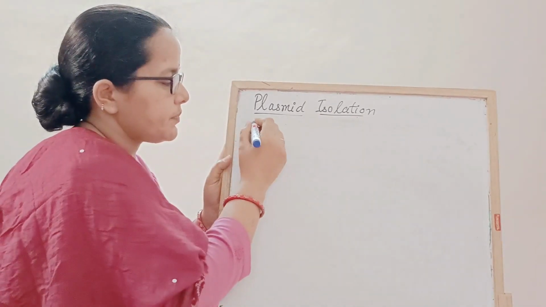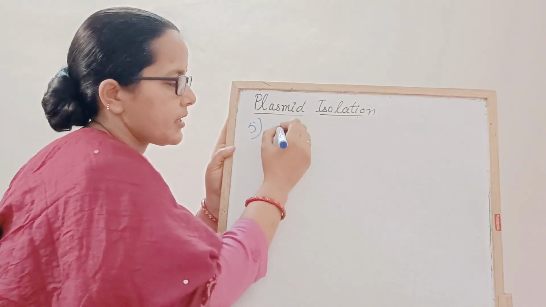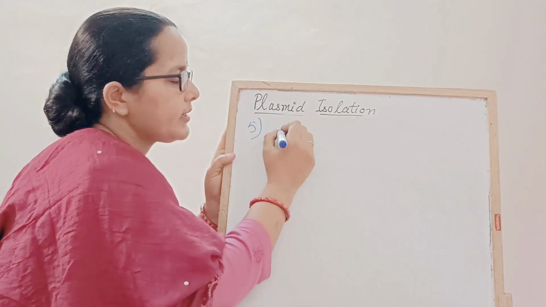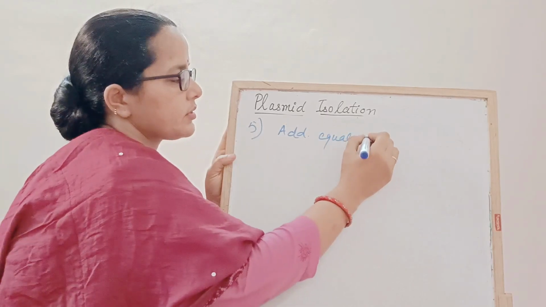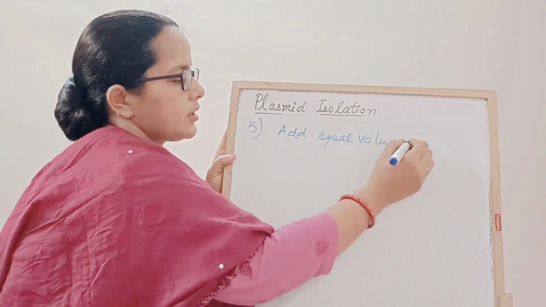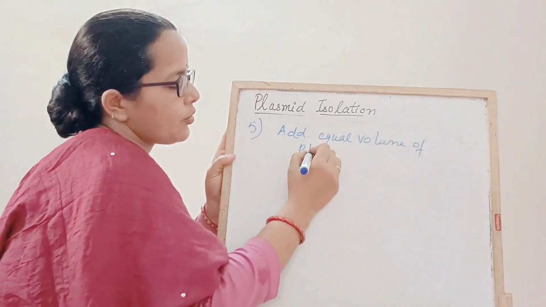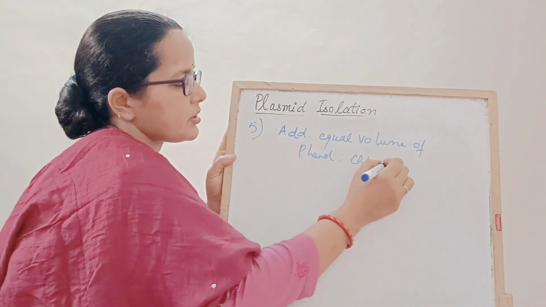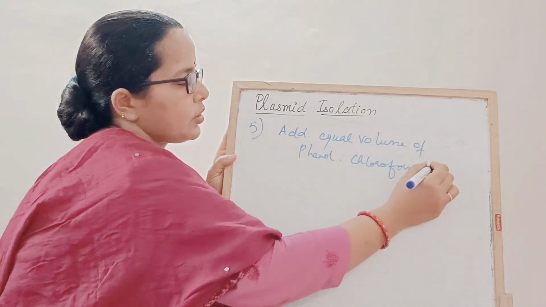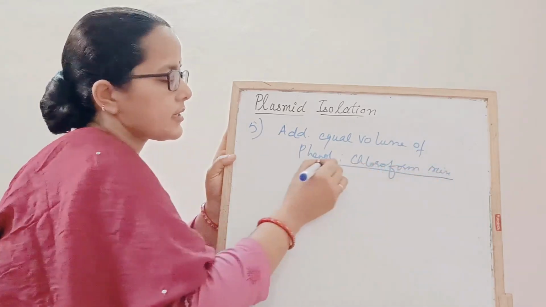So your fifth step is: to the transparent liquid, add equal volume of phenol and chloroform mixture. What does it mean?